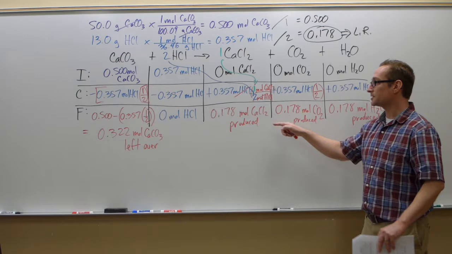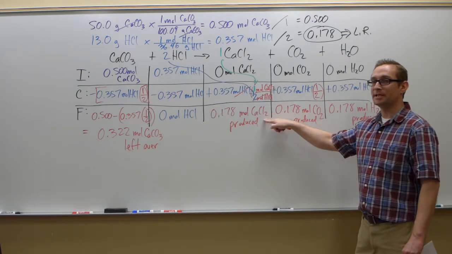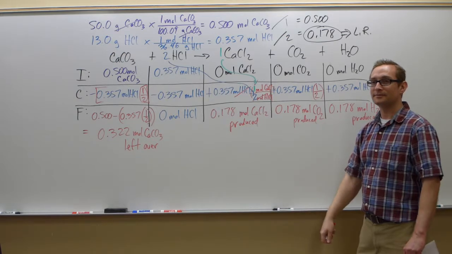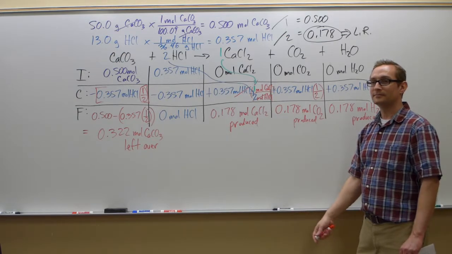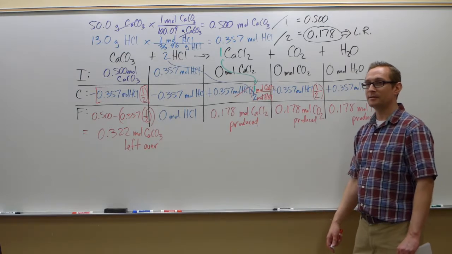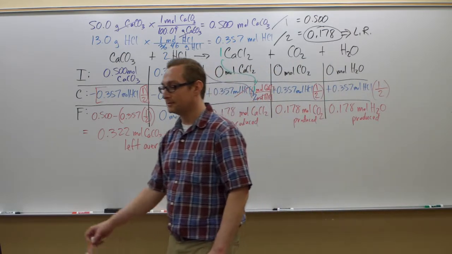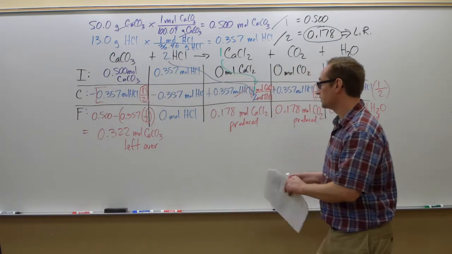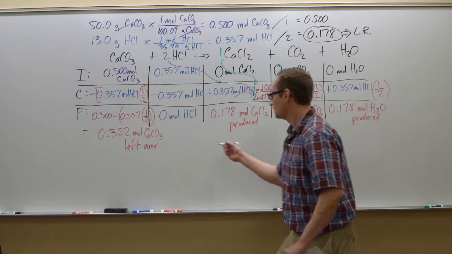So how many grams of calcium chloride are produced? This should be really easy now, right? We got moles produced. How do we get to grams produced? We gotta convert. Multiply by molar mass, right? So getting to the home stretch here.